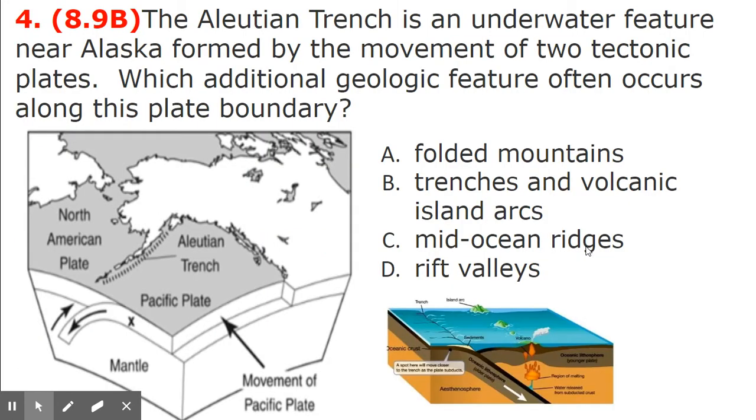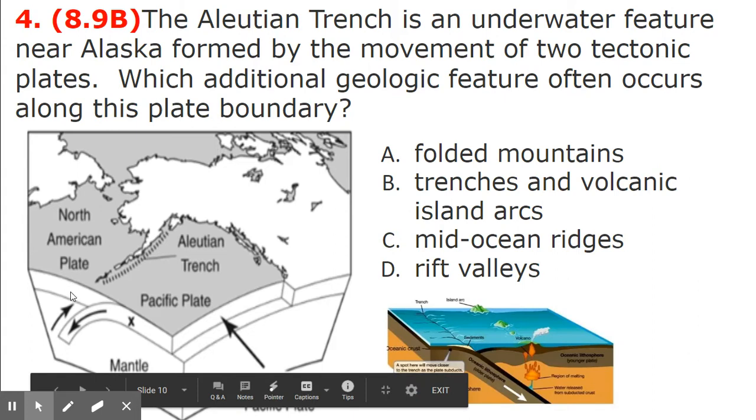The Aleutian Trench is an underwater feature near Alaska formed by the movement of two tectonic plates. What additional geological feature often occurs along this plate boundary? So this is a nice image because it's showing you with arrows.